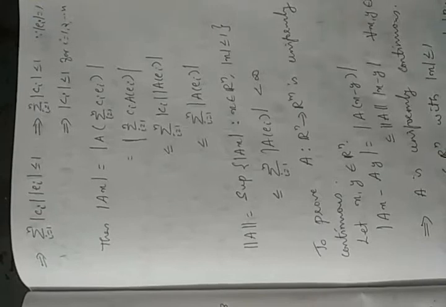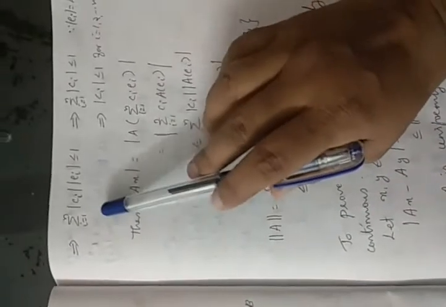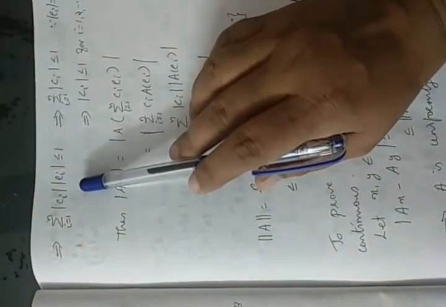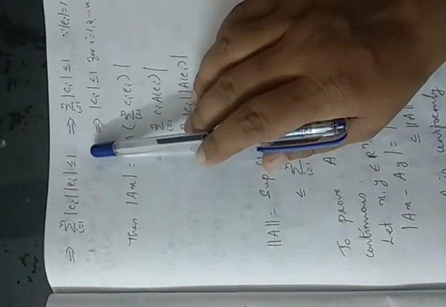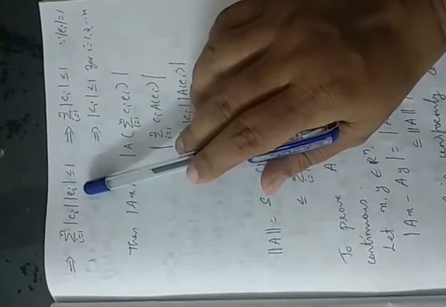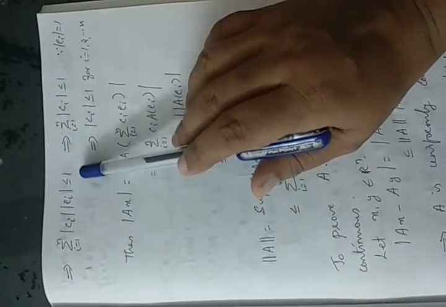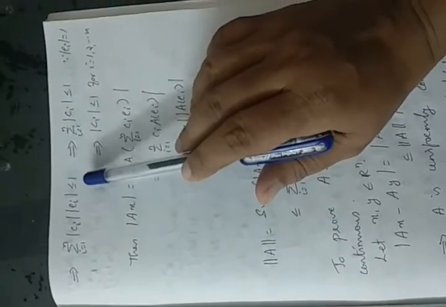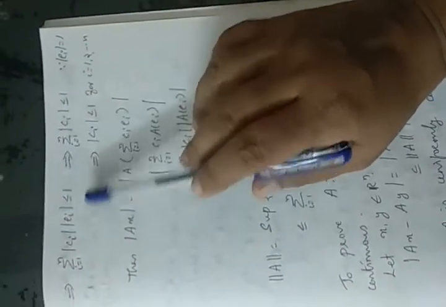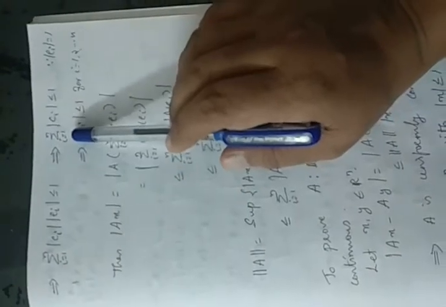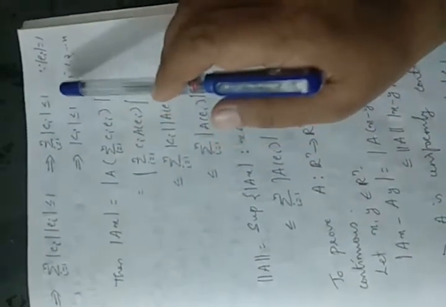So, sigma i varies from 1 to n modulus of ci ei less than or equal to 1. This implies sigma i varies from 1 to n mod ci into mod ei less than or equal to 1. And we know that mod ei is equal to 1 for every i is equal to 1 to n. So, this implies sigma i varies from 1 to n mod ci less than or equal to 1.